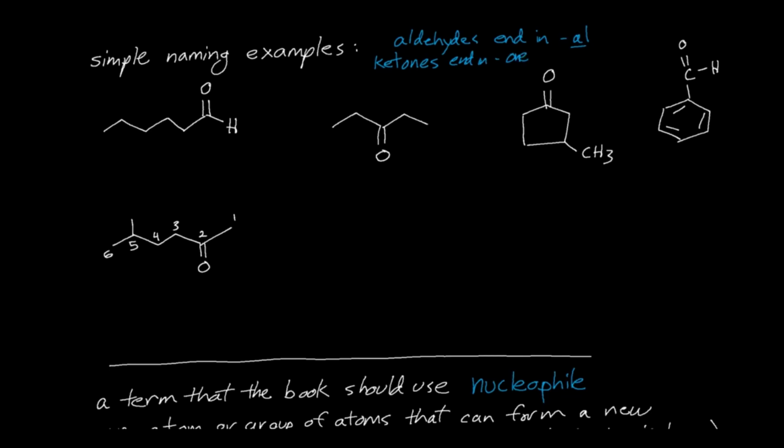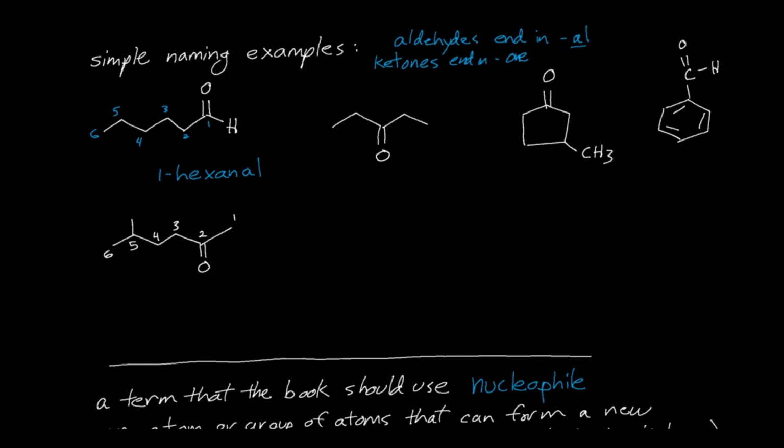What we have here then is a 1, 2, 3, 4, 5, 6. It's a hexanal. Hexane, except with the al ending because it's an aldehyde. Hexanal. It's one hexanal because the carbonyl group is at the 1 position, which is always going to be the case with aldehydes, if you think about it.